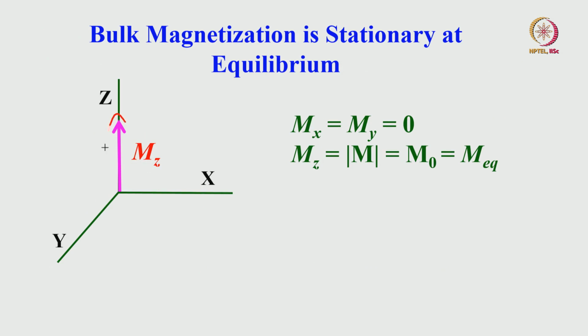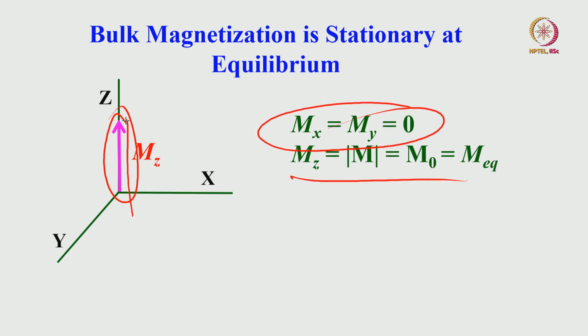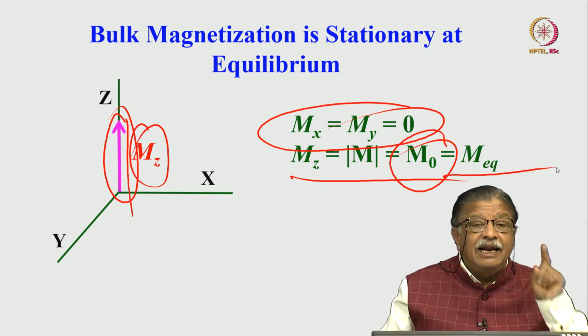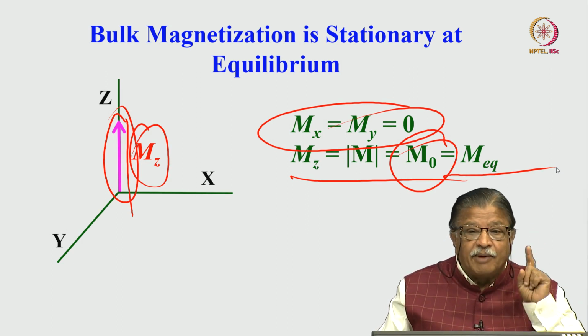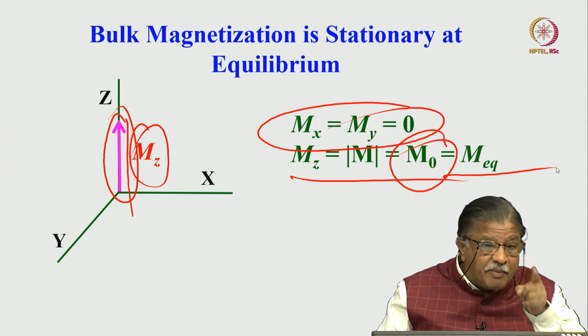It is stationary, it is not moving. In equilibrium it is stationary and the Mx, My components are 0, whereas the Mz component, which at equilibrium is also called M naught, the equilibrium magnetization, is non-zero and it is stationary. It is not moving.